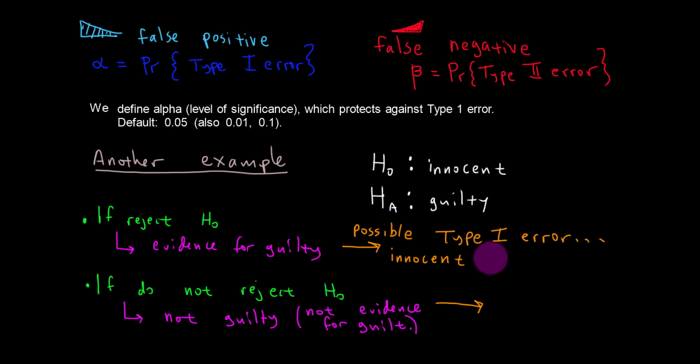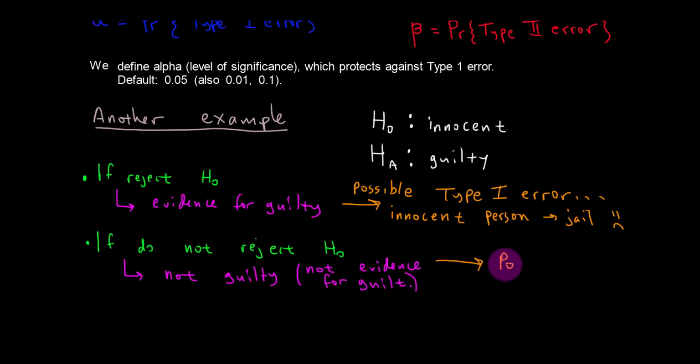So this is an innocent person goes to jail. So that's no fun. What about the second conclusion? What is happening here? This is a possible type 2 error in which the consequence would be, okay, well, someone is found not guilty, but they actually are. In this case, I guess how you could describe it is a guilty person gets to walk free, right?